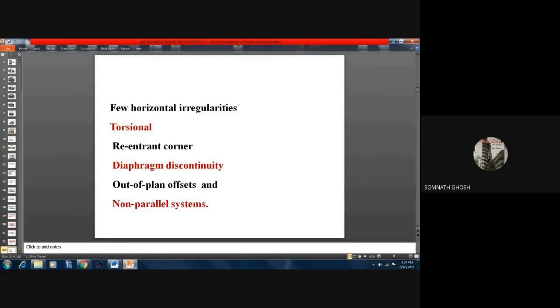Re-entrant corners. What is this? What is the advantage of this? Diaphragm discontinuity. What is happening? Out of plane offsets, non-parallel systems. I have to discuss all these things in detail, showing you the pictures and sketches. Then you will be able to appreciate.